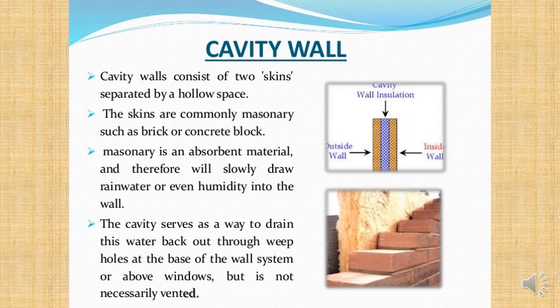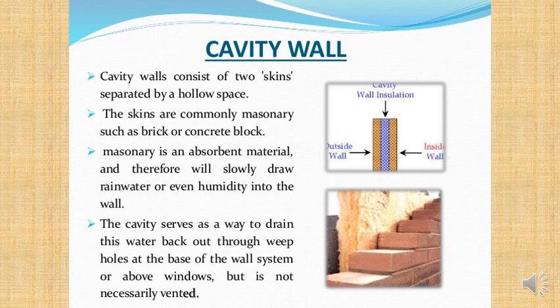Now, very quickly, I want to talk to you about cavity walls. A cavity wall is basically a wall where you build two masonry walls out of stone or brick or concrete blocks, and you leave a gap in between them. And this is basically filled with a material such as foam or sponge or a bat.